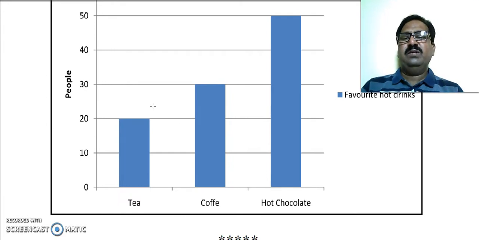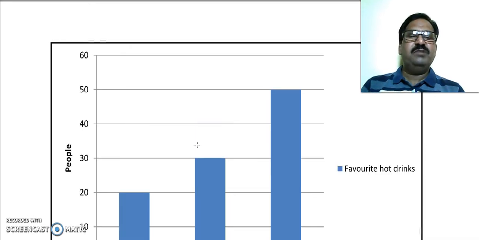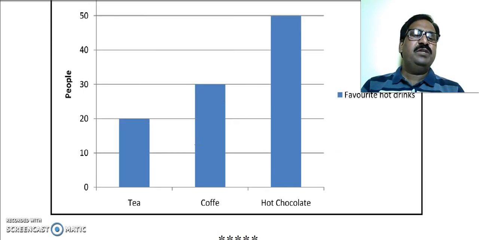You can compare this particular information. The favorite hot drinks of the people are shown, and how many people enjoy such kinds of drinks or beverages is given in the bar diagram.